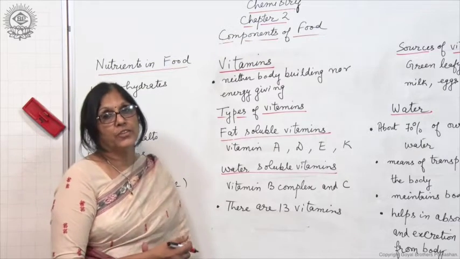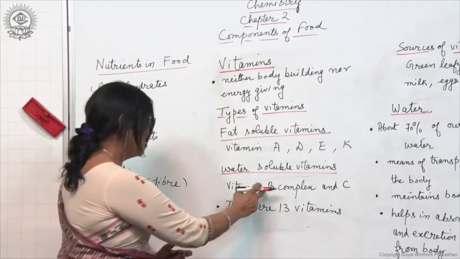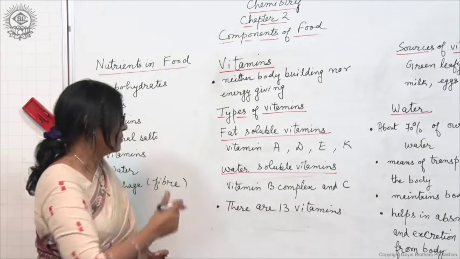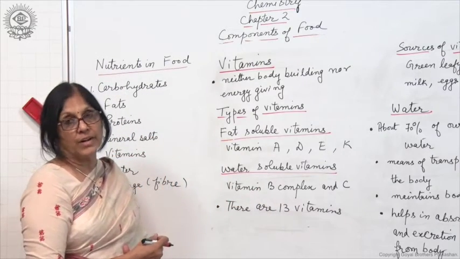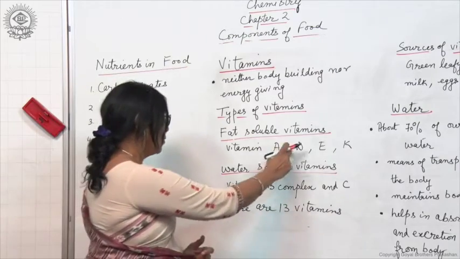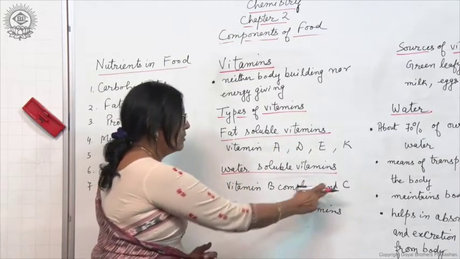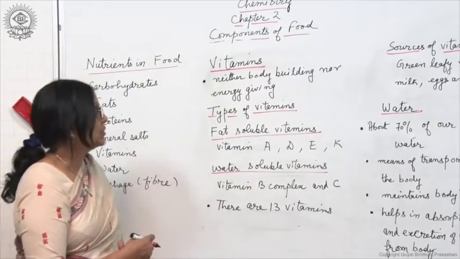How many total? 8 vitamins in vitamin B complex. So, total how many? 13 vitamins are there. 4 plus 8, 12 plus 1, 13 vitamins.